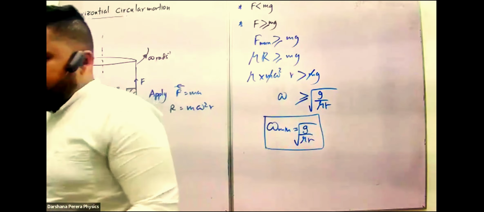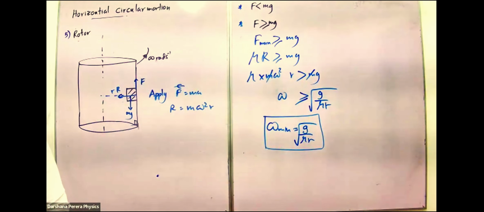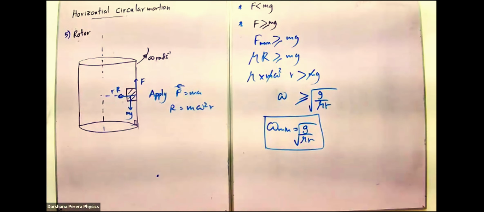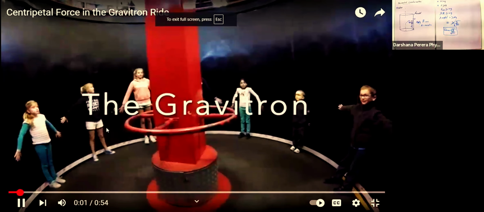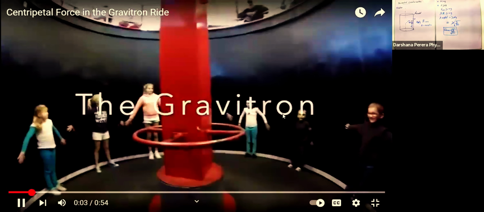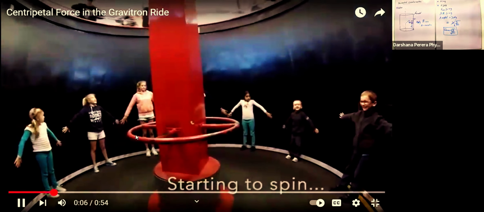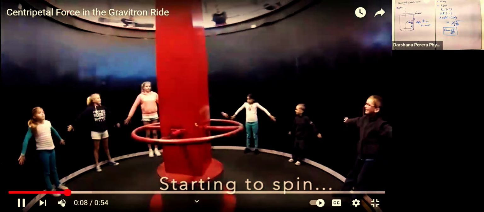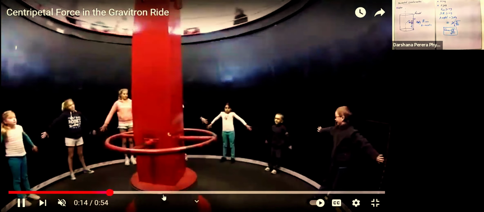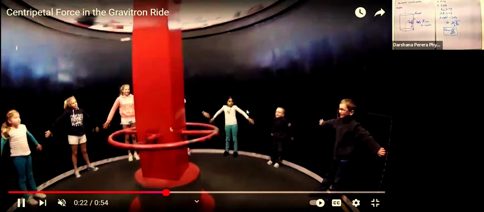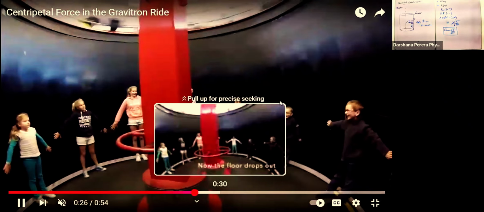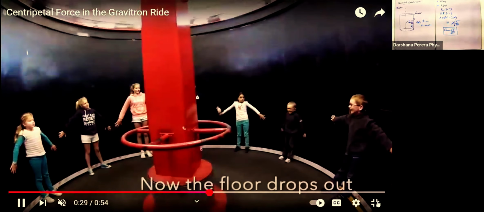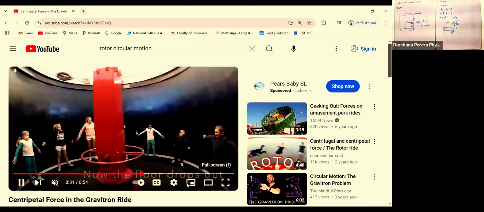This is the equation. In this example also, the mass of the object does not matter. When it gets the velocity, the floor drops out like that.